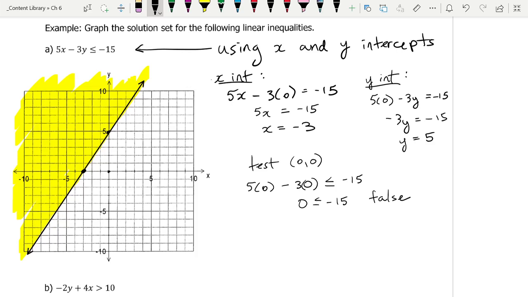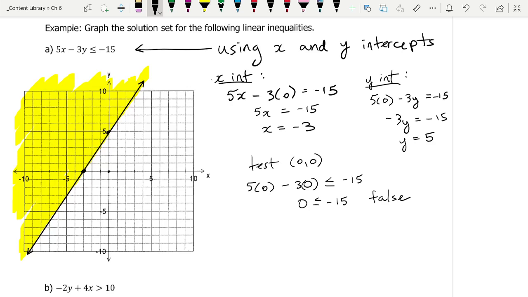So I can't shade this side of the line, because that would include 0, 0, and 0, 0 is not the solution. So it's not this side of the line. By process of reasoning and elimination, it has to be the other side of the line. Question? Yep. That's right. You can't color the false. You color in the true side, yes.